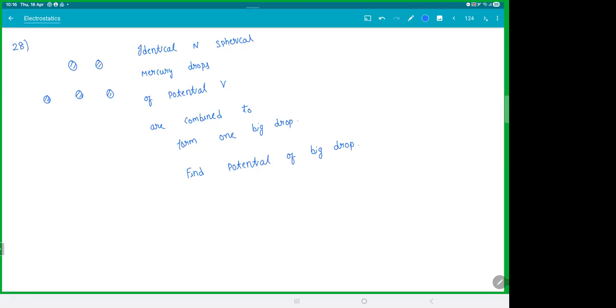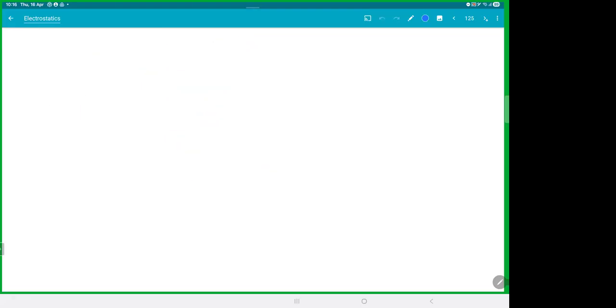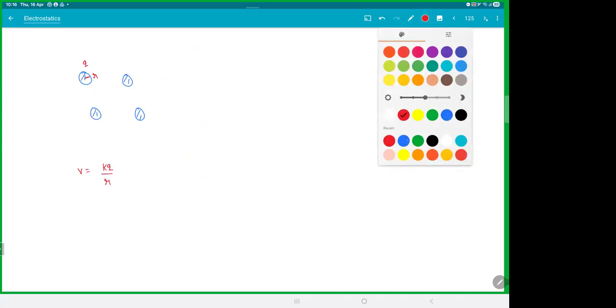Okay, let's see. So what's the catch here? When you have n drops, first of all, understand they also must be having some charge. So let the charge be q and let the radius be r. So V is equal to kq by r. You're finding the potential on the surface.